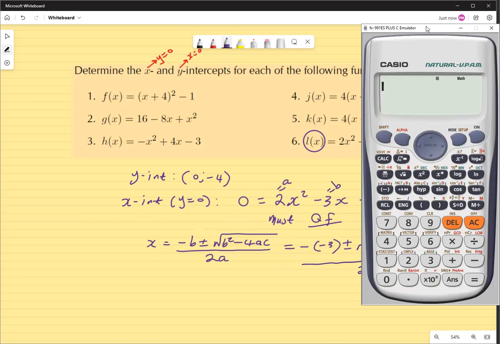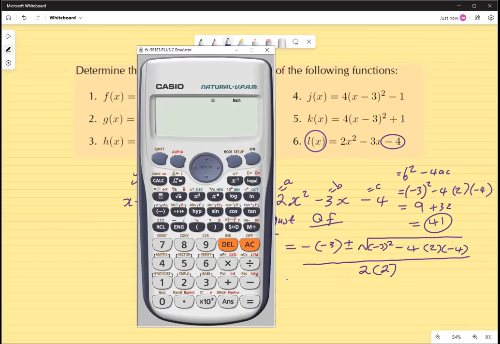Okay, let's see. So we're going to have -3 plus the square root of (-3) squared minus 4 times 2 times -4, right?